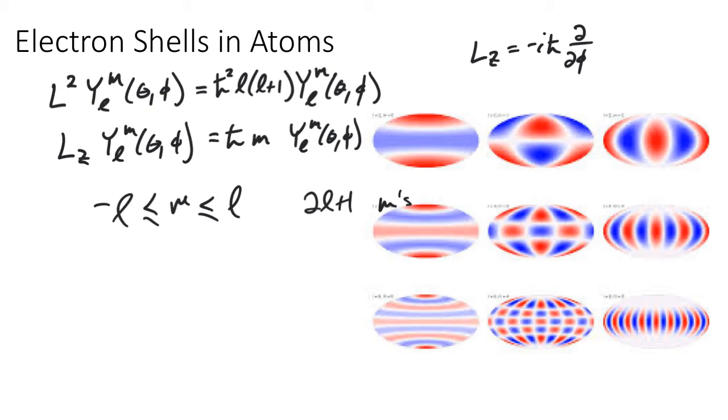And then as we go down through the rows here, this is L equals 3, and this is L equals 4, and then some, but not all, of the M's going along here.